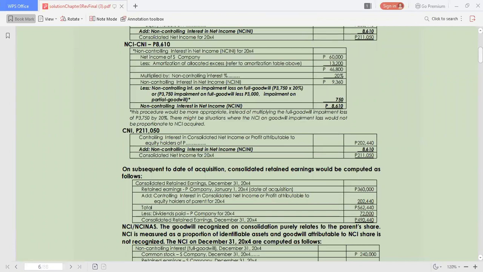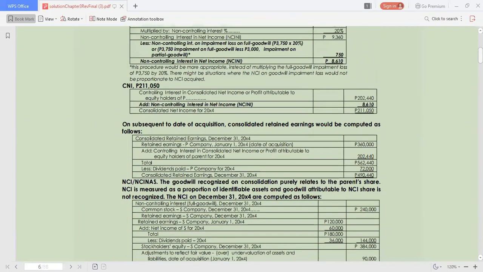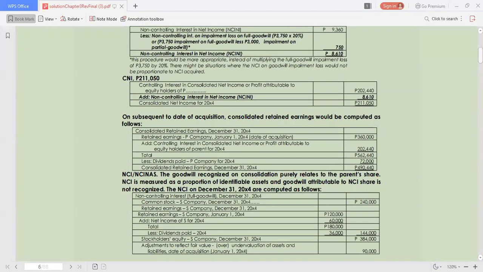On subsequent to date of acquisition, the consolidated retained earnings should be computed as consolidated retained earnings. Then we add the controlling interest. We have to deduct dividends. We have the consolidated retained earnings at the end of 20x4. Then we have to compute now the non-controlling interest in 20x4.